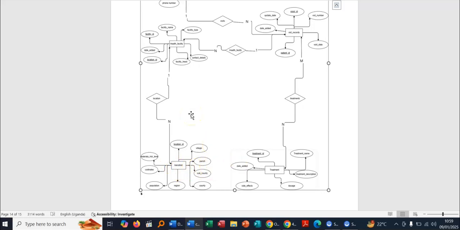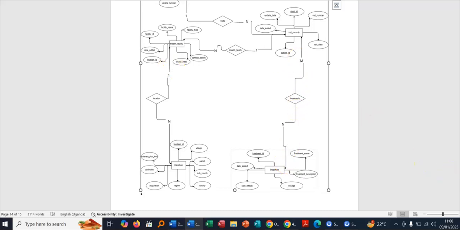After identifying the entities, I went on and identified the relationships between each entity, because entities must be connected to one another.